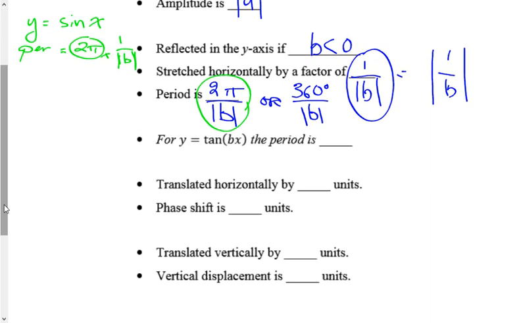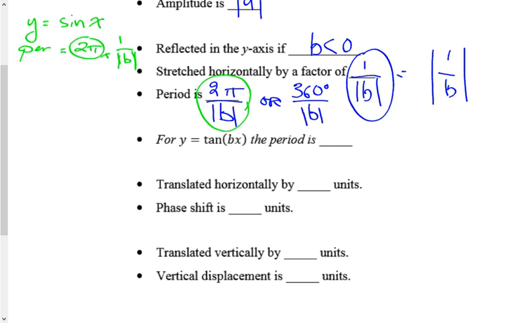Here I threw in a tangent function, just because tangent is different. The period for y equals tan bx, what would that equal in radians? Interesting choice, but incorrect. What's the period of y equals tan x? It was pi.